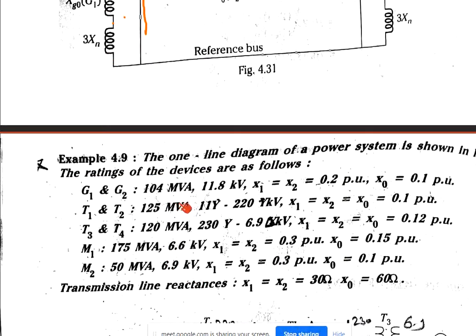G1 and G2 are 104 MVA, 11.8 kV, X1 equals X2 equals 0.2 pu, and X0 has been given as 0.1.